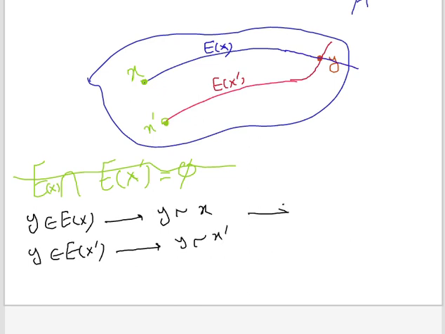Then Y is equivalent to x, and Y is equivalent to x prime. By the transitivity condition, we can say that x is equivalent to x prime.